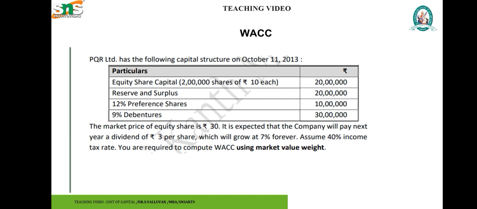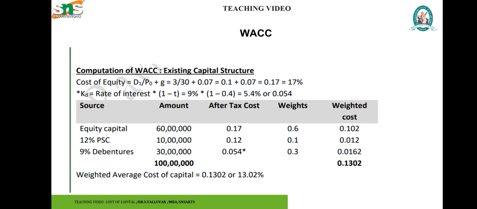The dividend will grow at 7% forever, so the growth rate is 7%. We substitute in the formula and we get 17%. Cost of equity, a simple calculation method. 17% cost of equity. Then we'll move to cost of debt.